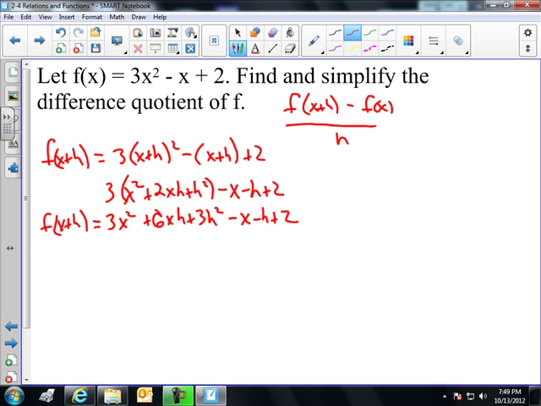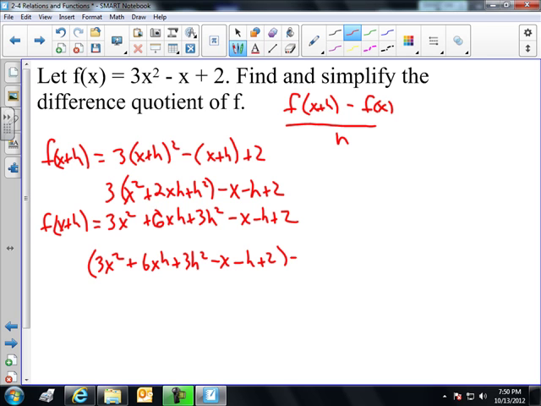So I can use this whole expression that I just found. That is what f of x plus h is. So we would have 3x squared, it's going to seem like it's forever, 3x squared plus 6xh plus 3h squared minus x minus h plus 2. That is this part.